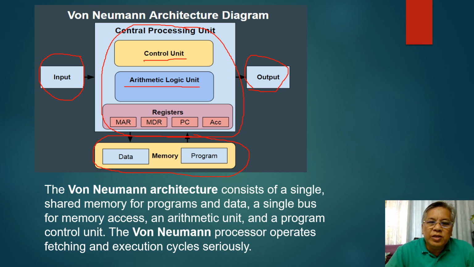The control unit decodes and provides instructions to the different areas of your computer for the data to be transmitted. In other words, the control unit controls the transmission of data from one area of your computer to another.